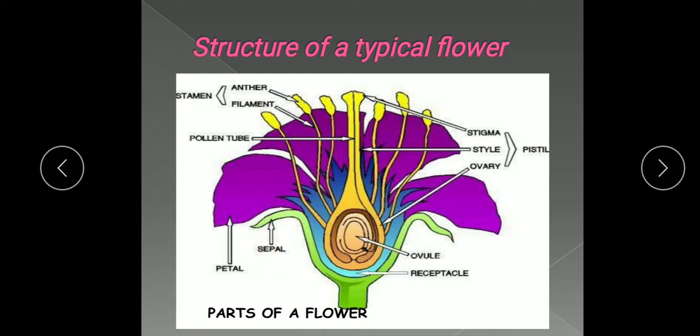The other two parts are the stamen and the carpel or pistil. These are the essential parts because they take part in reproduction in a direct way. They are involved in the process of reproduction directly. That is why they are the essential whorls.